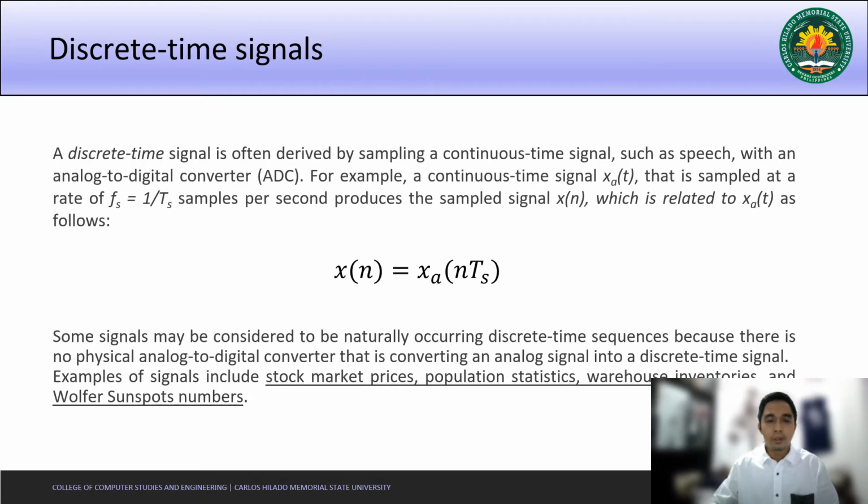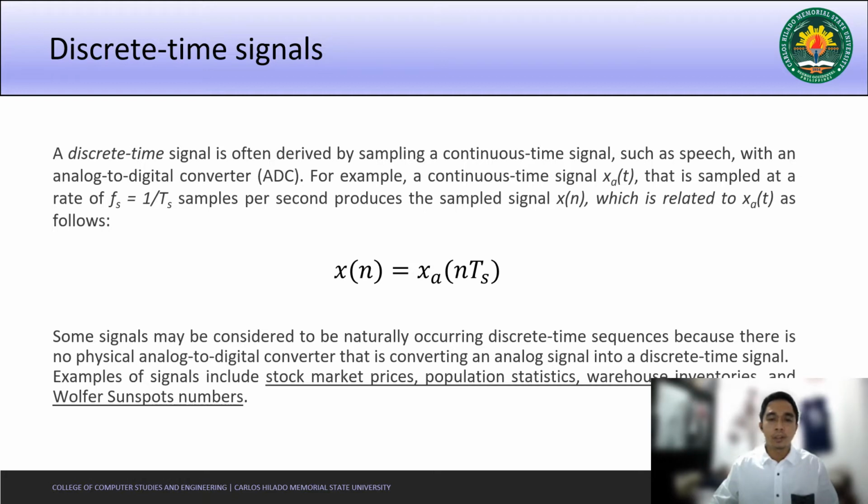So what is a discrete time signal? An example can be derived from continuous time signals such as speech. And how do you record speech? Through a microphone, you can transfer the signal through an analog to digital converter, which is then transferred to a computer or a chip.